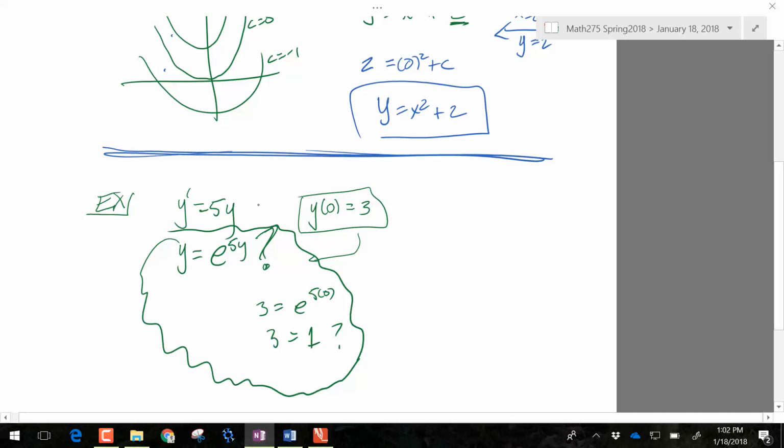So let's leave this as a question mark right now. By the end of the day, we should get to section 1.3, which talks about separable differential equations, and we can easily solve for this. But it has something to do with exponential functions, so let's keep that in mind.